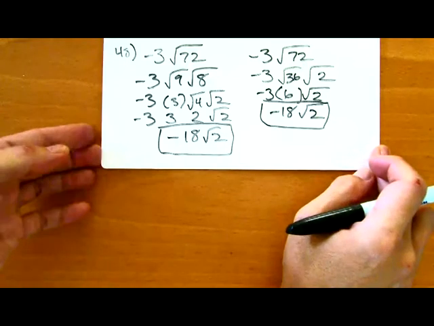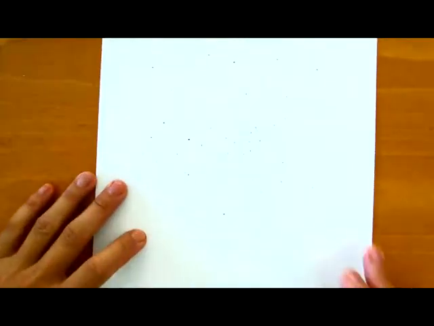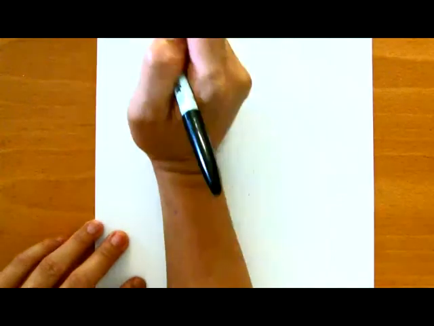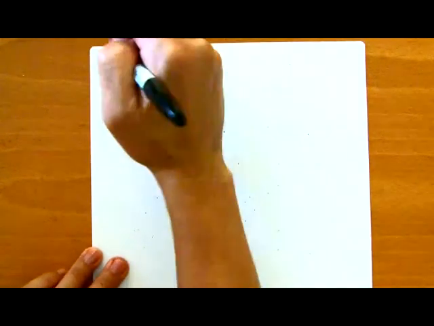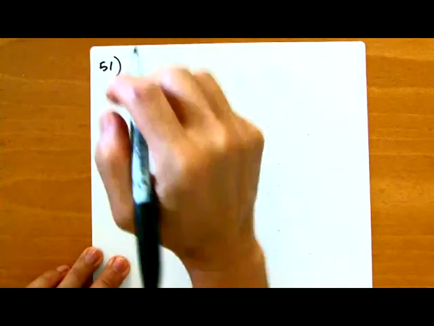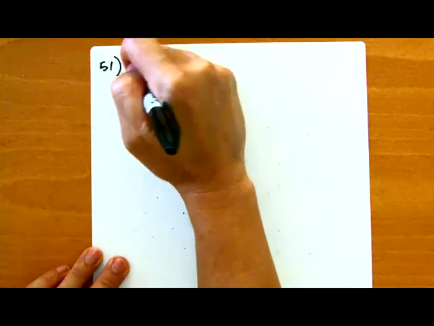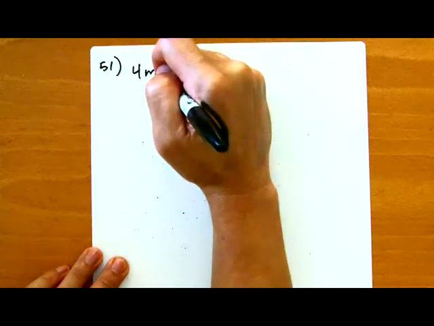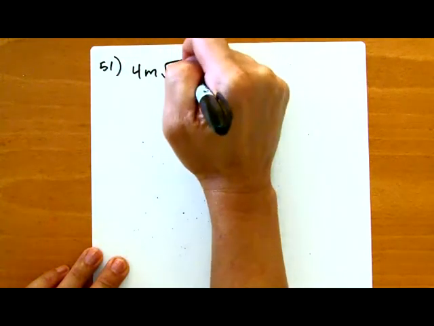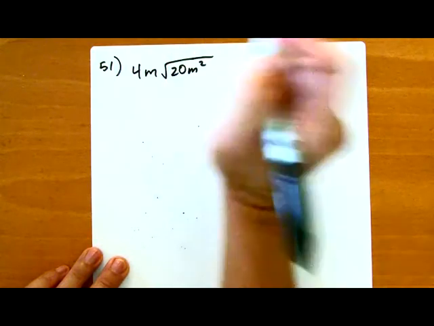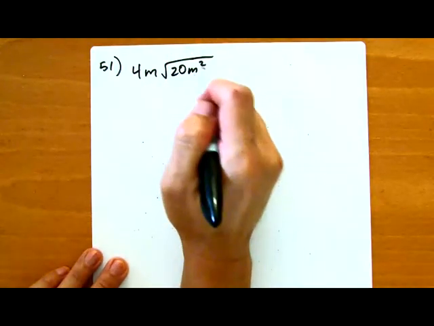Number 51 says 4m radical 20m to the second. Okay, we can square root the m to the second.